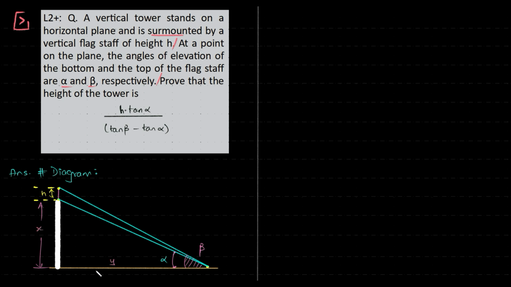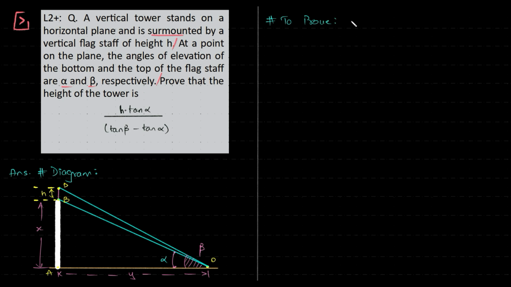So we can call this y. And we'll call this O. Then that would be A. We'll call this B and this D. And now the working, to prove the statement.